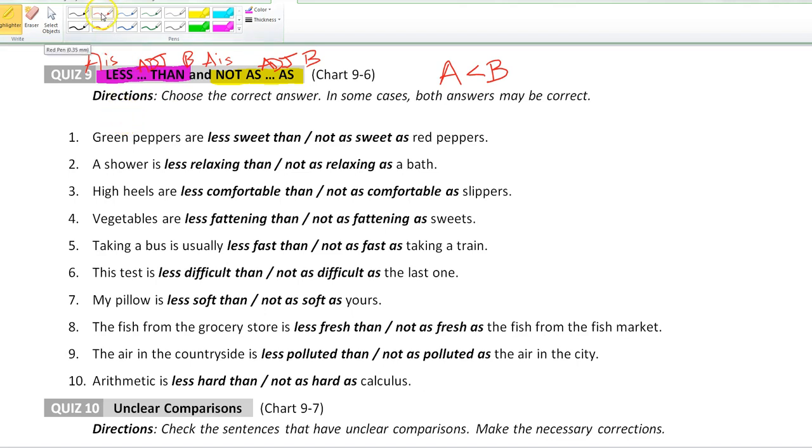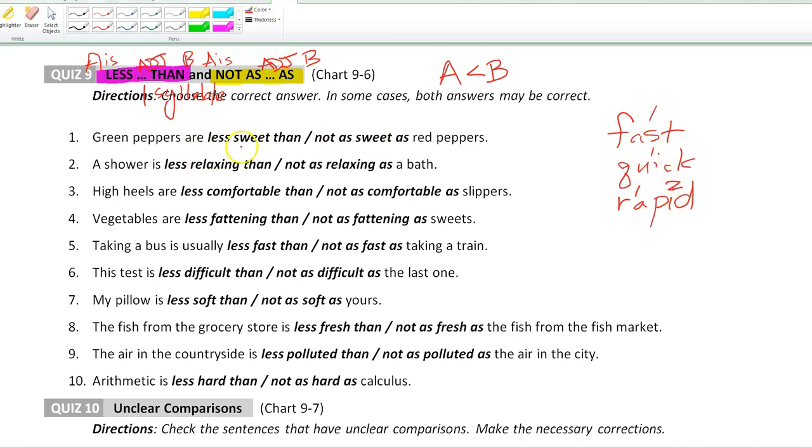This can only be used for one syllable words. Okay? What's a one syllable word? Well, fast is a one syllable word. Quick is a one syllable word. Rapid is a two syllable word. 1, 2, 1, and 1.